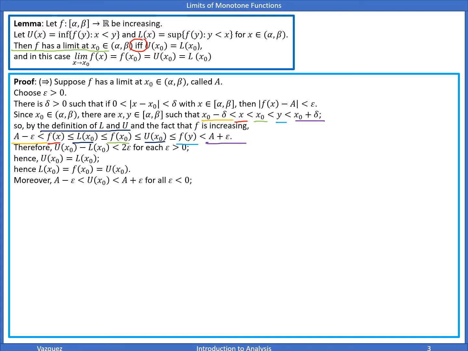Moreover, U is in that neighborhood of the limit. Therefore, U is the limit, because again, we can make epsilon arbitrarily small. Therefore, our one direction holds. We just proved one direction. So therefore, this is true.